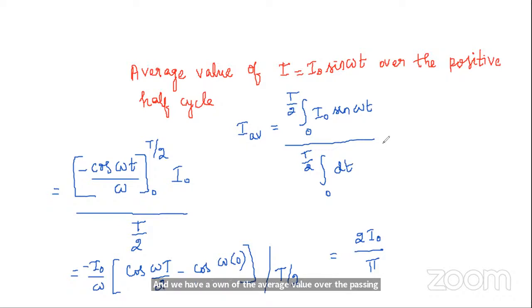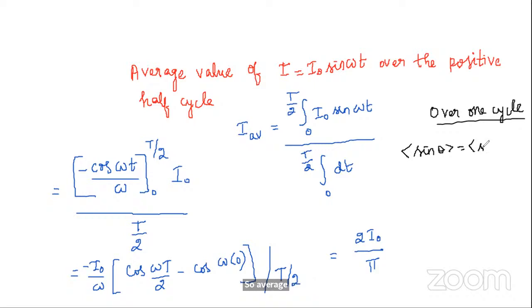And over the complete cycle, we can write the equations. Over one complete cycle, we have some formulas. The average value of sin theta is equal to the average value of sin 2 theta, which will be 0. Similarly, the average value of cos theta equals the average value of cos 2 theta, which will be 0.